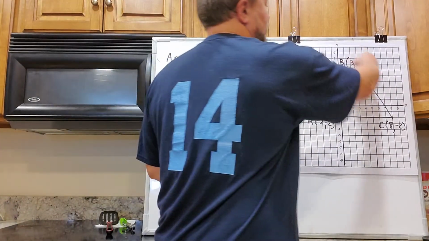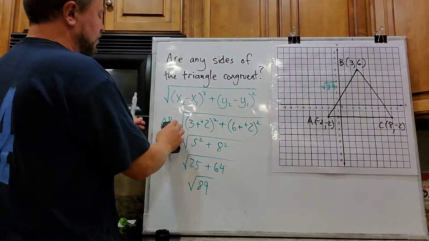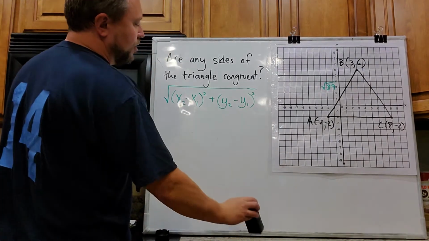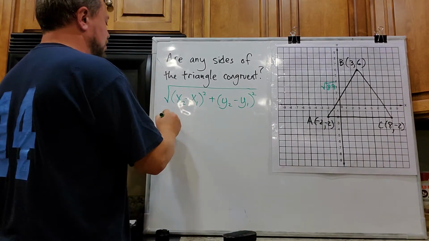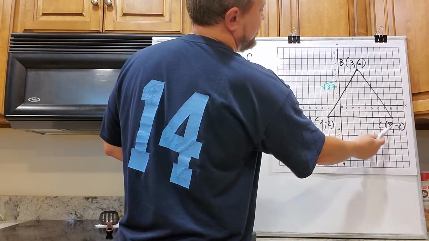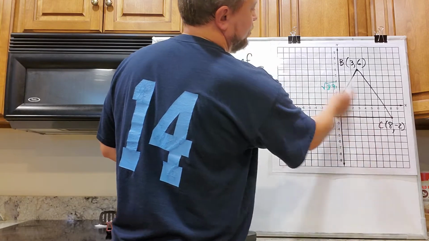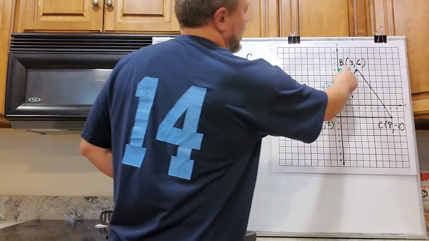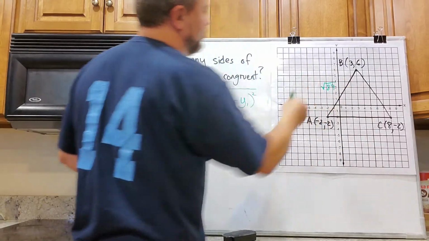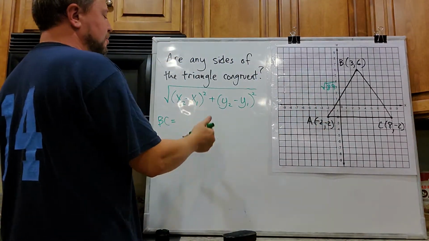Okay, now we got to do that again. We got to check, for example, BC. So I'm going to start over again. This time we're doing BC. So we're going to be using the coordinates 3, 6, and 8, -2. My x values were 3 and 8. I'm going to subtract the 2 of those, like it says here.